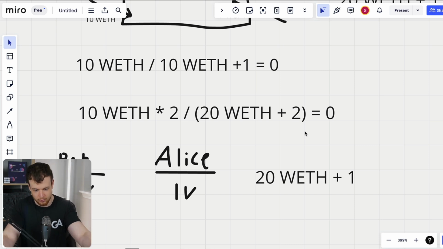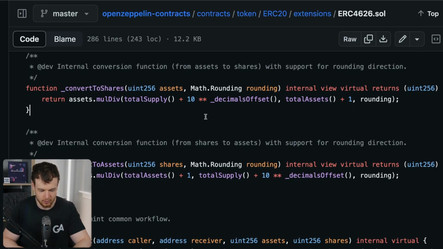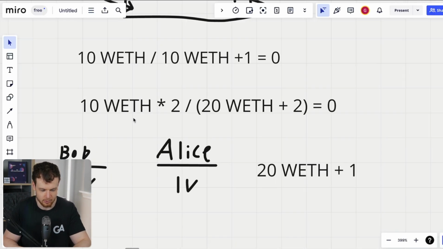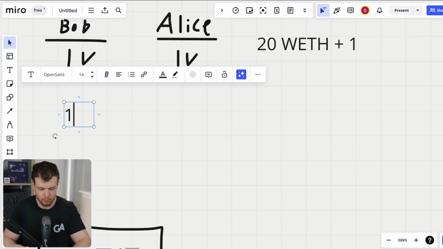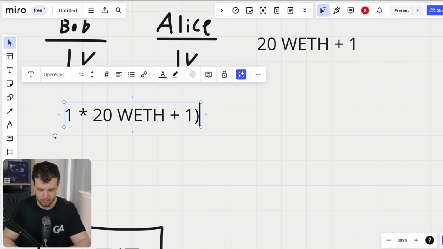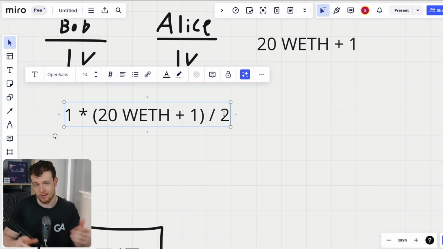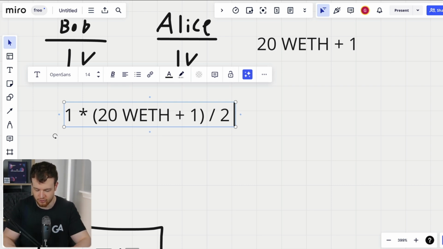But then, of course, what happens is when Alice goes to withdraw with this convert to assets, she takes shares times total assets plus 1. So 1 wei of shares times total assets, so 20 wrapped ETH plus 1, divided by the total supply plus 1, which is 2. So you've got that plus 1 for the virtual vault token shares.